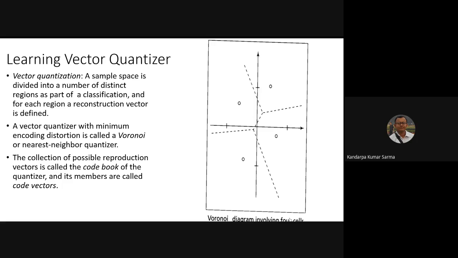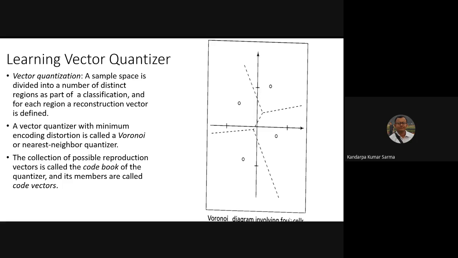A vector thus defined forms a vector quantizer, or the process of defining such a vector forms the vector quantization. So when you subdivide the sample space into a number of distinct regions for carrying out classification and recognition, and you link a vector to it, then you have the vector quantization process.